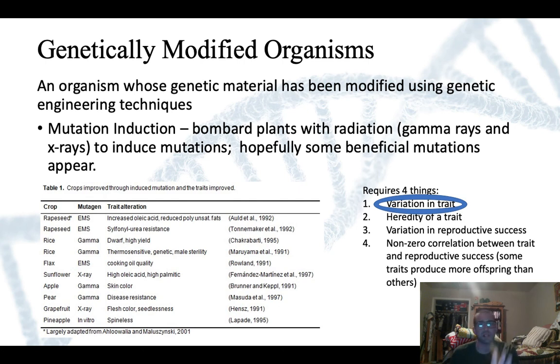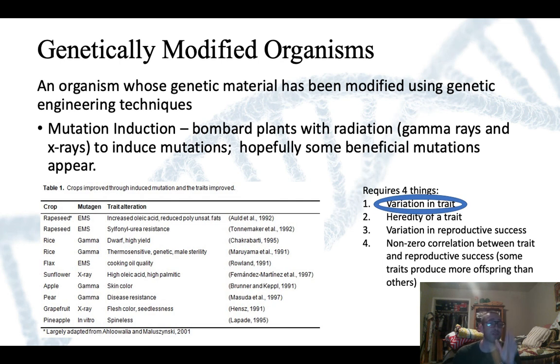When we talk nowadays about genetically modified organisms, what we are talking about is an organism whose genetic material has been modified using some sort of genetic engineering techniques, right? And there are a number of techniques that they use, and they're becoming much, much more advanced than initially.